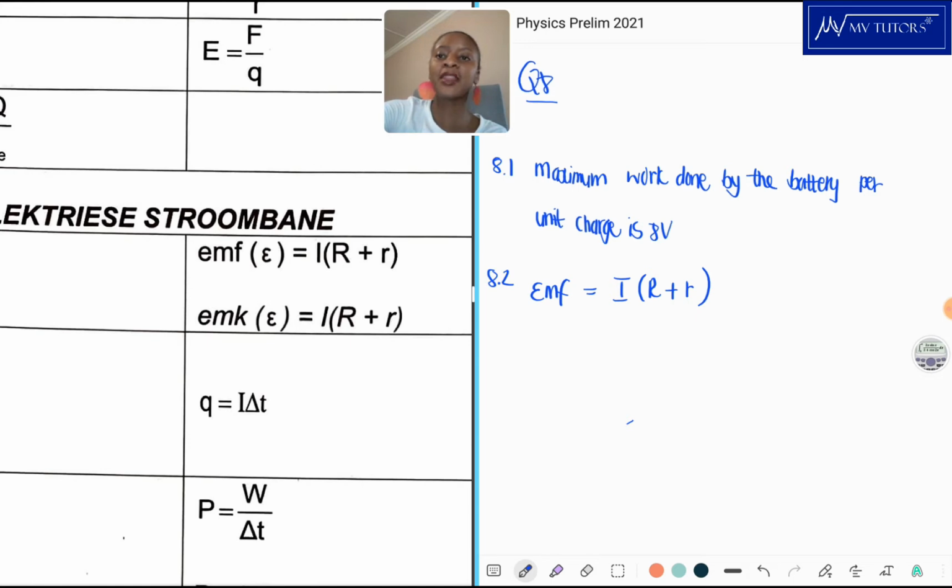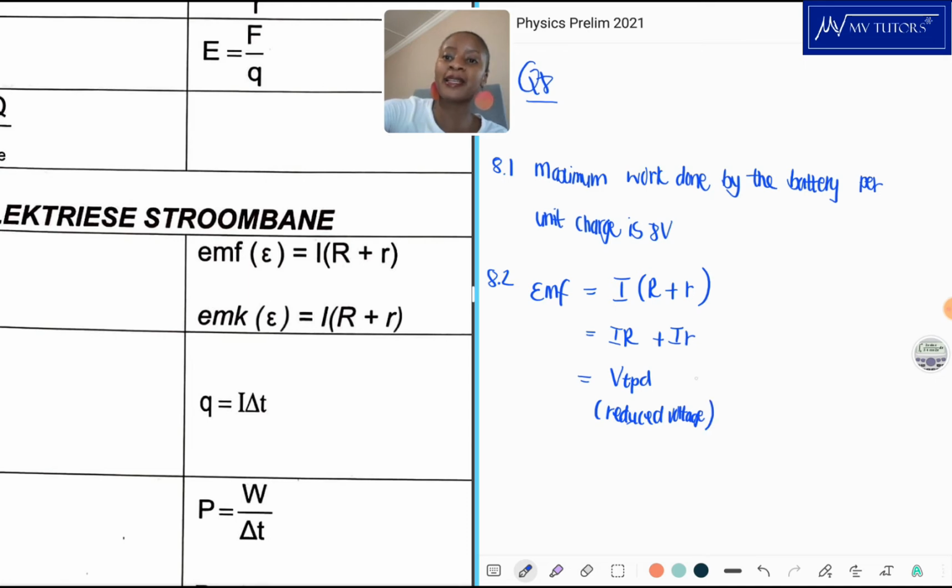Another way of writing it, if you expand that out, would be the volt of the terminal potential difference. Another word for it, instead of saying terminal potential difference, is basically the reduced voltage.